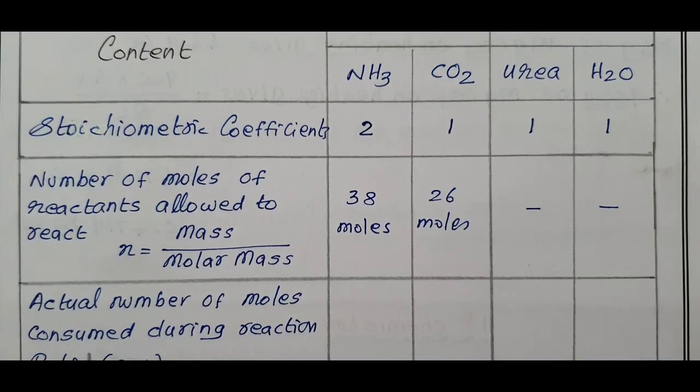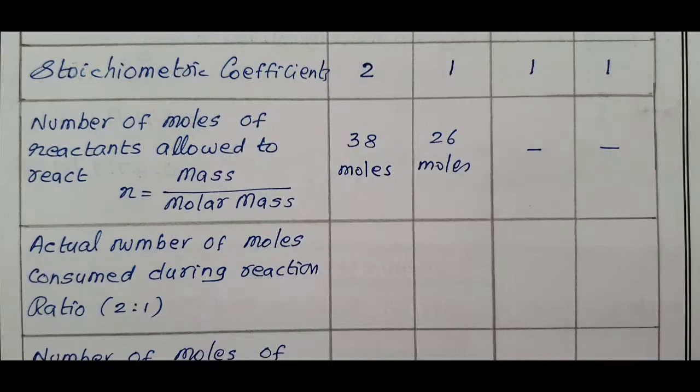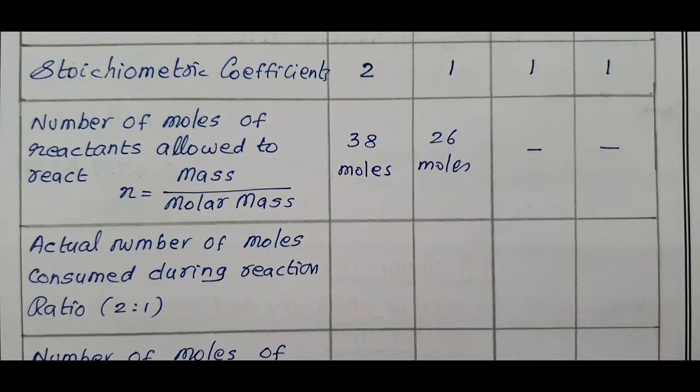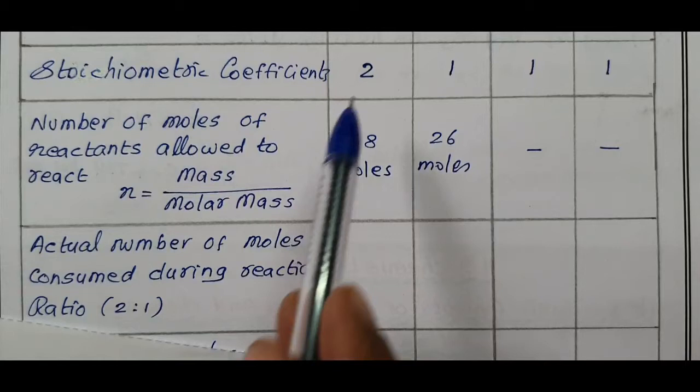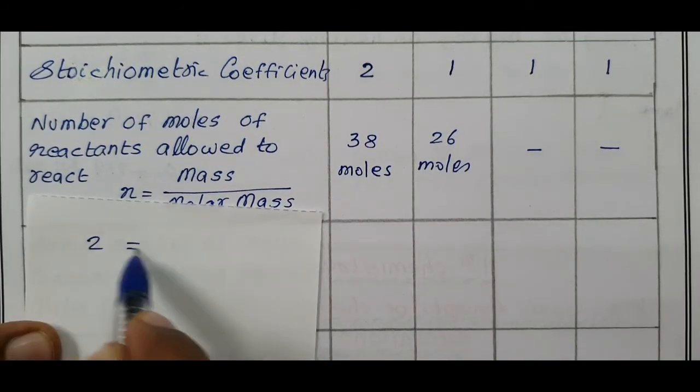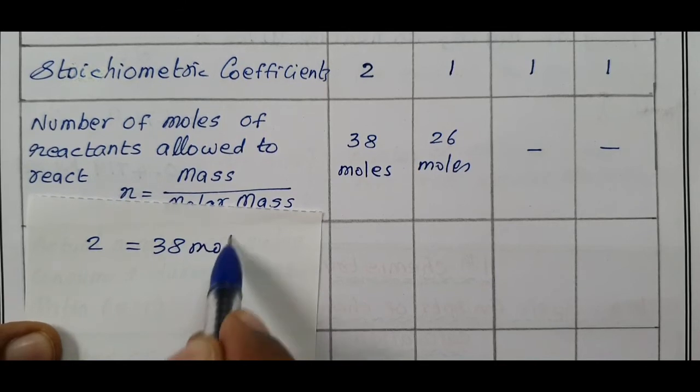Now, the actual number of moles consumed during reaction. In our balanced equation, we know 2 moles of ammonia react with 1 mole of carbon dioxide. 2 moles of ammonia equal to 38 moles means 2 equals 38 moles.